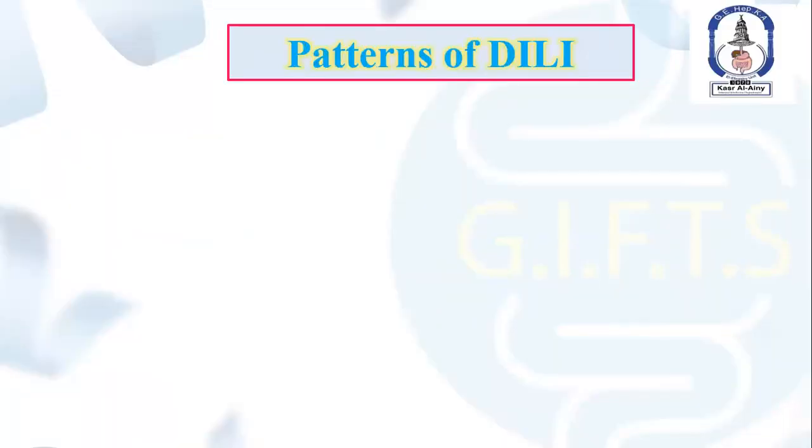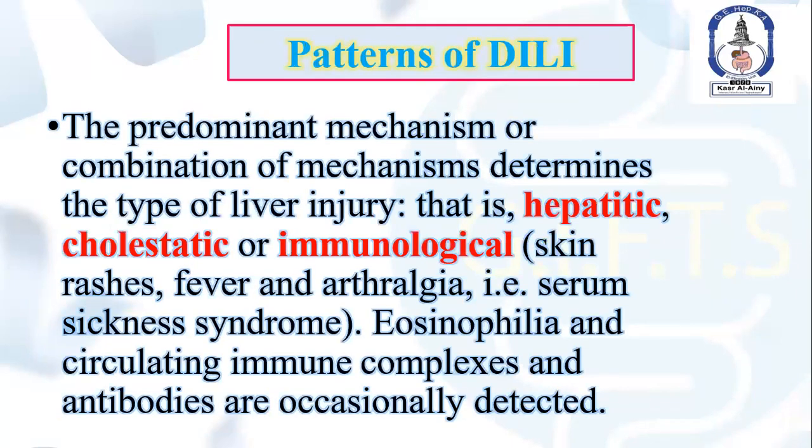What are the patterns of DILI, or drug-induced liver injury? They are very versatile and very different. The predominant mechanism or combination of mechanisms determines the type of liver injury: hepatic, cholestatic, or immunological. Immunological includes skin rash, fever, and arthralgia, like serum sickness syndrome, eosinophilia, and circulating immune complexes, and antibodies are usually also detected.